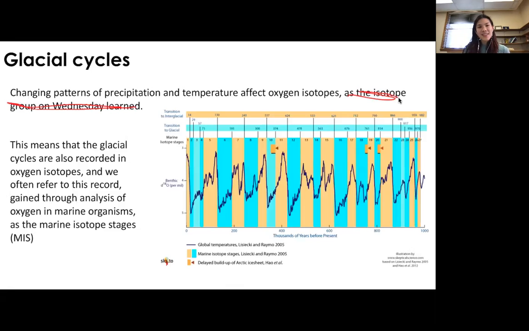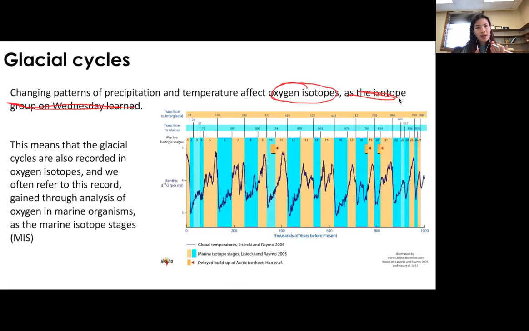So these changes in insolation will affect what the temperature is, and that has an effect on how much precipitation the Earth, or a particular location on the Earth, is receiving. In doing so, this changes the oxygen isotopes that are recorded.